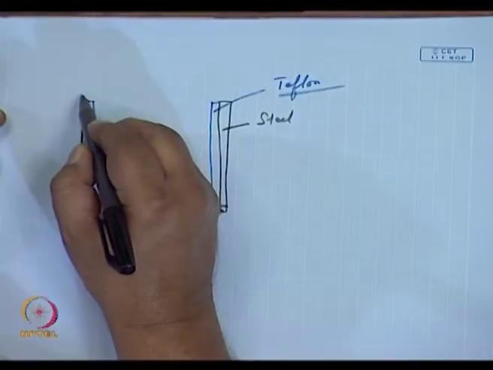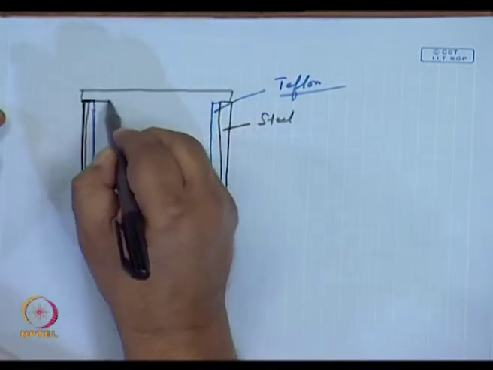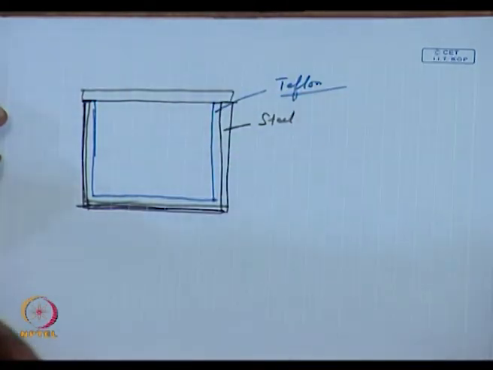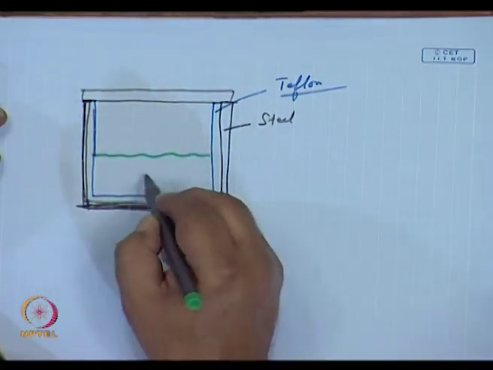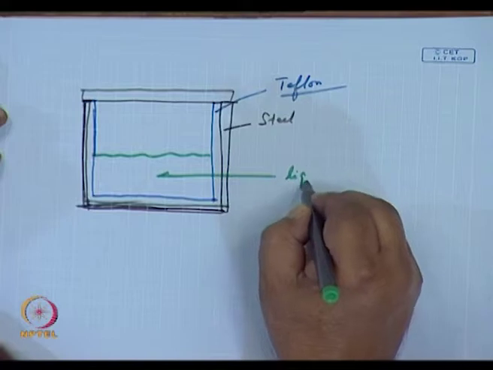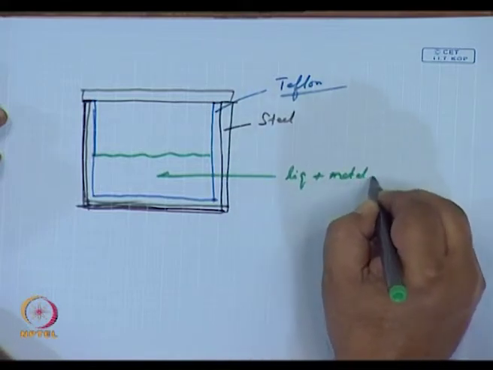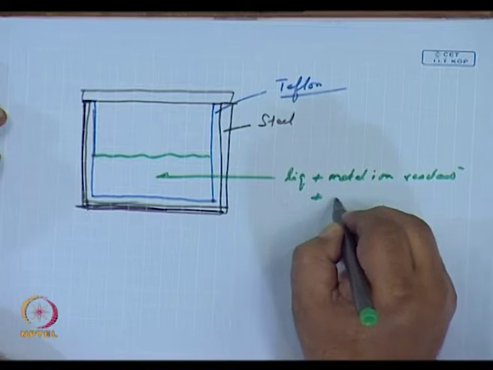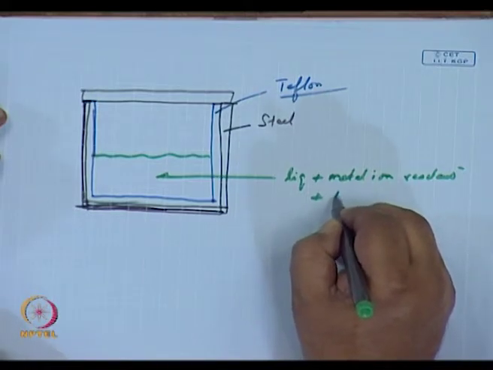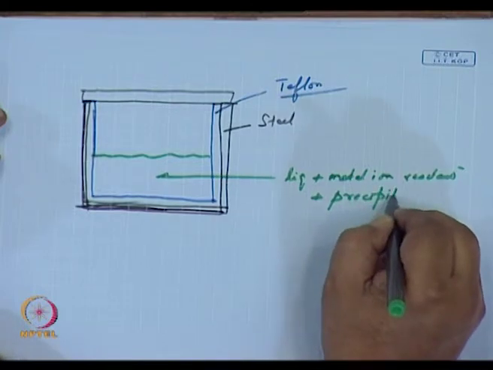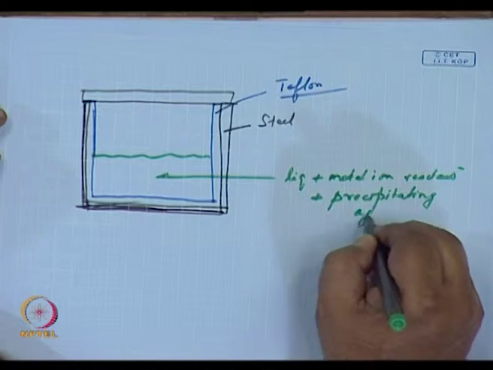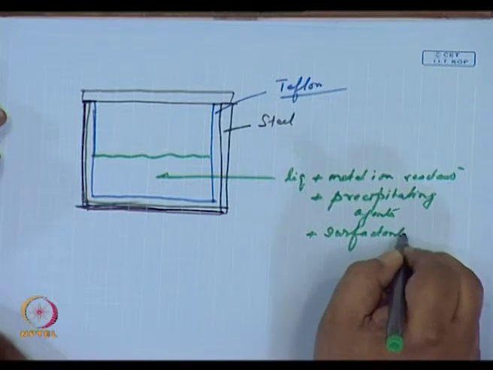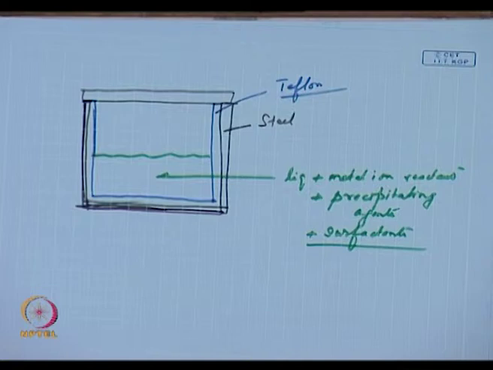The reactor top is then sealed off. The liquid is poured in. Here we have the liquid plus the metal ion reactants, plus at times we use precipitating agents like I had used urea, and at times we do use surfactants.